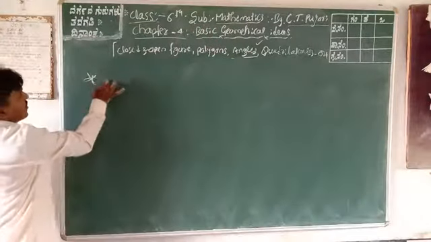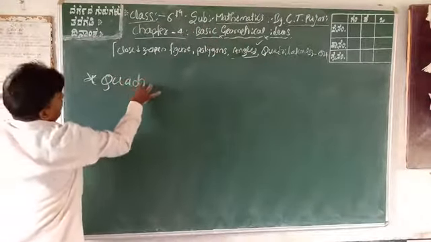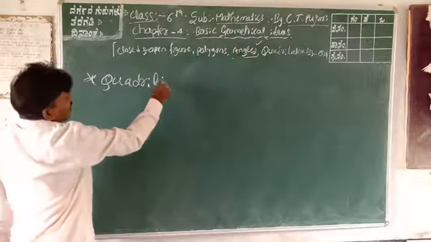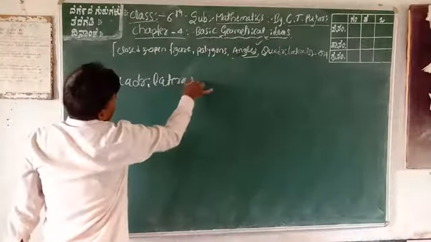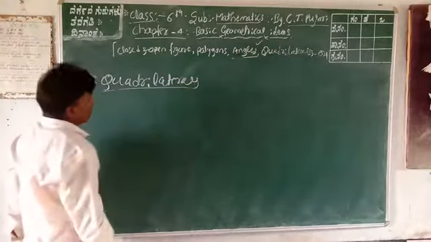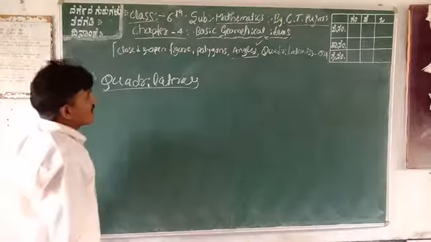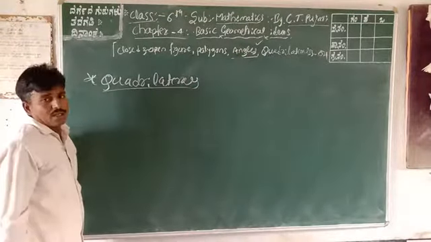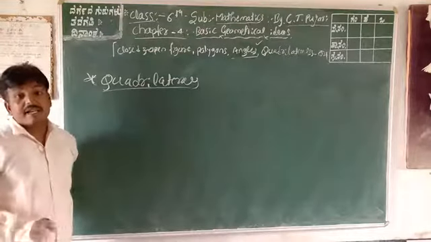Quadrilaterals. A quadrilateral is a plane surface bounded by four sides.